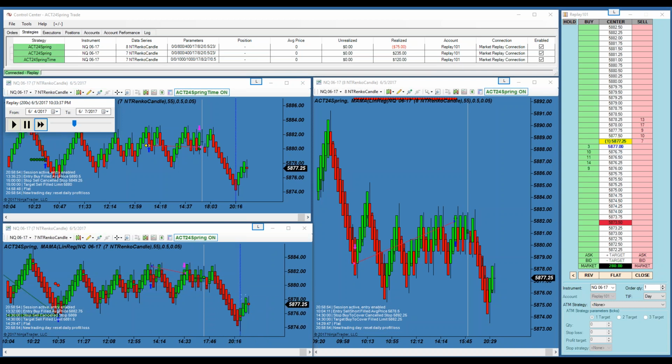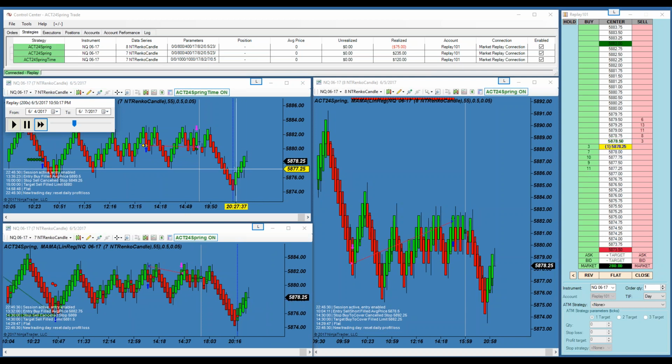This is still at nighttime. You can see very sideways market. We talked about that. We knew that this week was going to be pretty sideways.